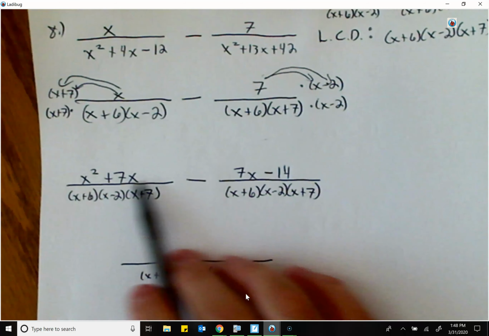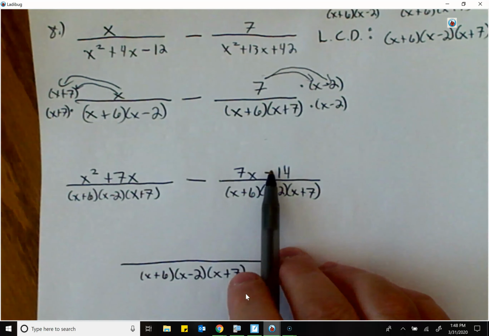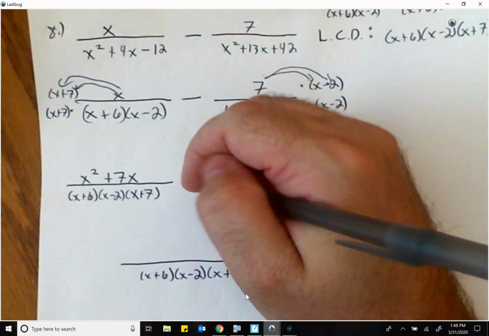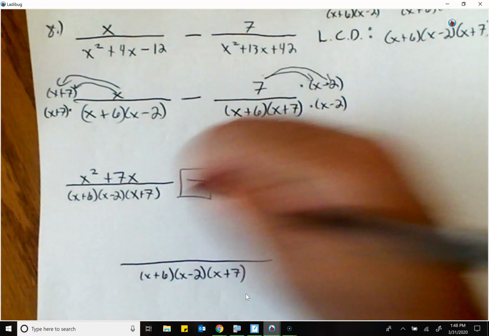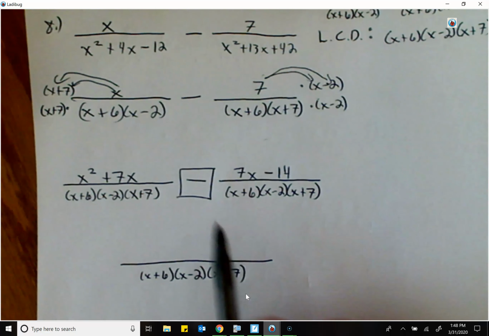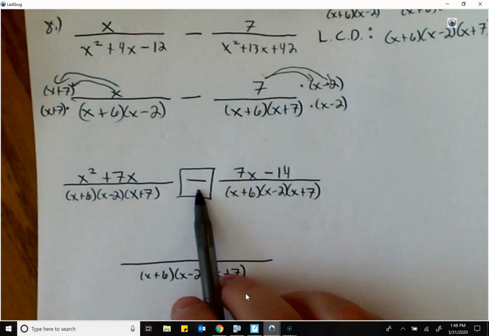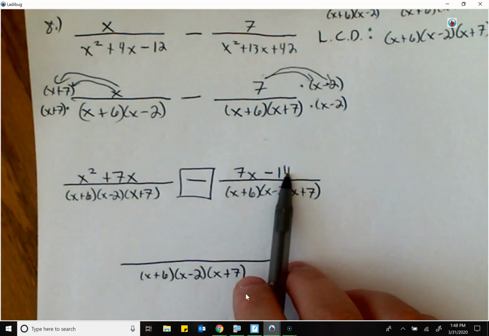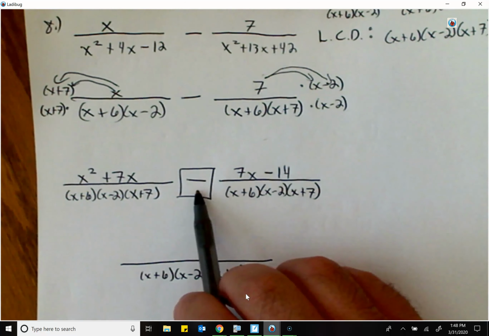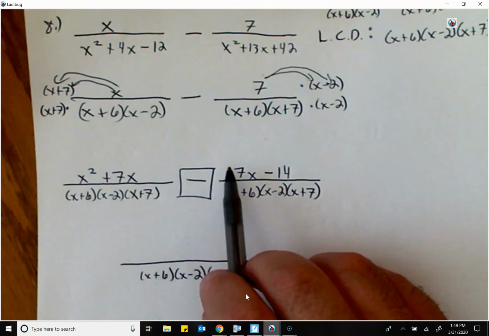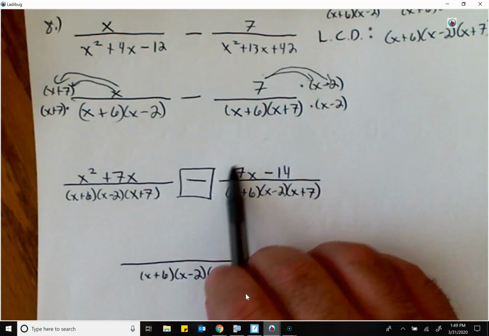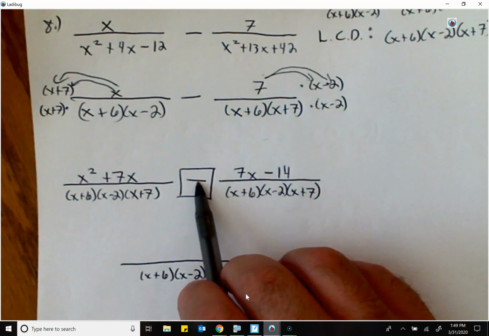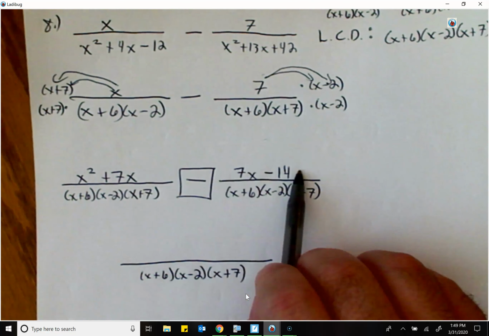I need to combine like terms across the numerator. Now here's where you have to be careful. Because of subtraction, you need to be careful because of what's going to happen right over here. Okay? So because this is subtraction, that's going to change all of these signs right here because we are subtracting off all of this.